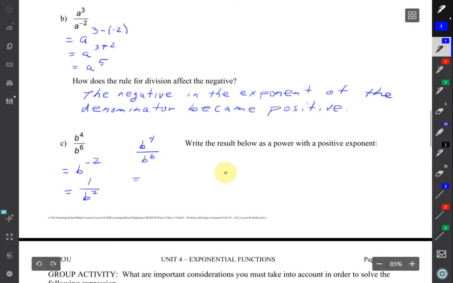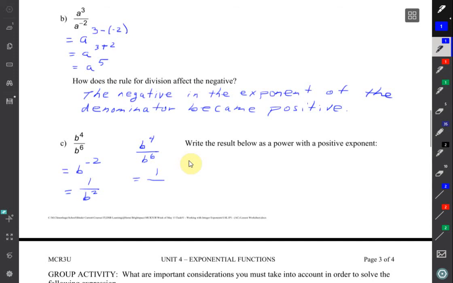So it turns out that if you start with the biggest exponent when you're dividing and you subtract and then leave the answer where you started, you'll end up with a positive exponent. So in this case again, I'm going to leave 1 here because I am subtracting these two exponents. I'm dealing with these two powers.